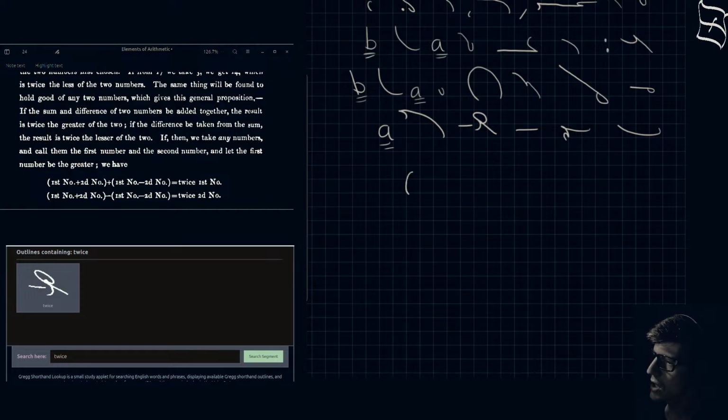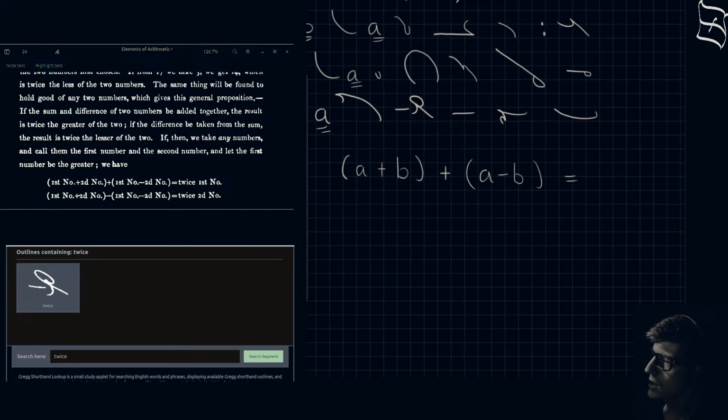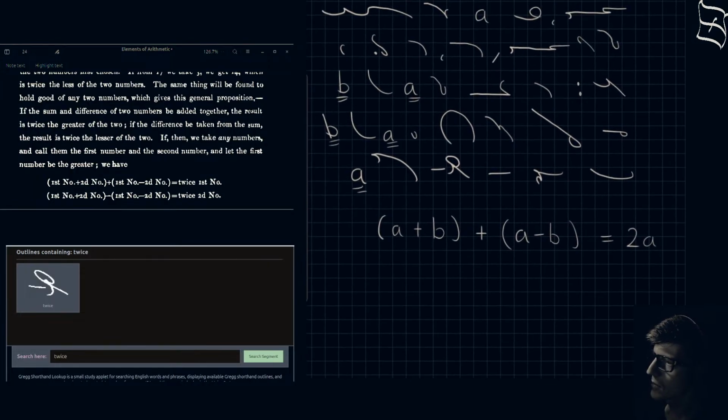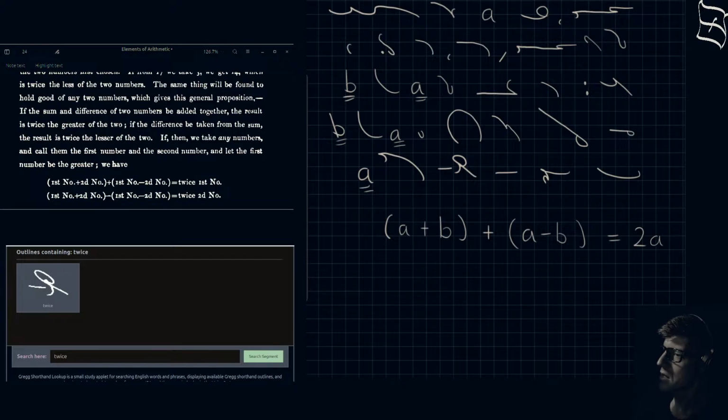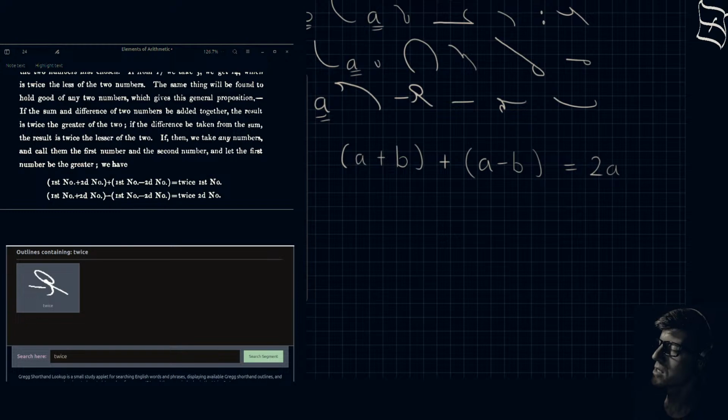Once again, in the English, we have the sum of A and B added to the difference of A and B will result in 2 times A. And that's what's meant when I say that the sum of A and B, when added to the difference of A and B, will result in twice times A. And that's here: A plus B plus A minus B is equal to 2A.